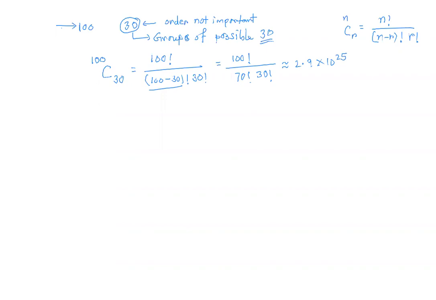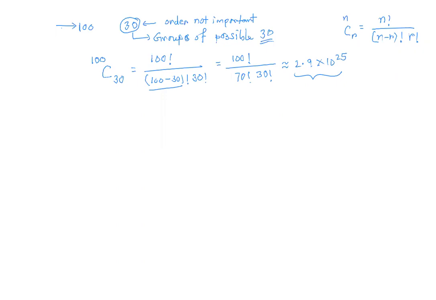For practical purposes, this is infinity, okay? For the purpose of our practical example, this is literally infinity, because so many groups of 30 you can pick from a group of 100. All these groups that you're getting are different. They have at least one item different.